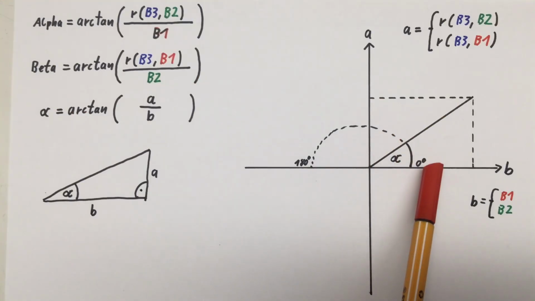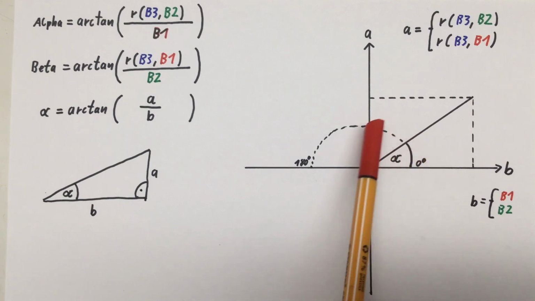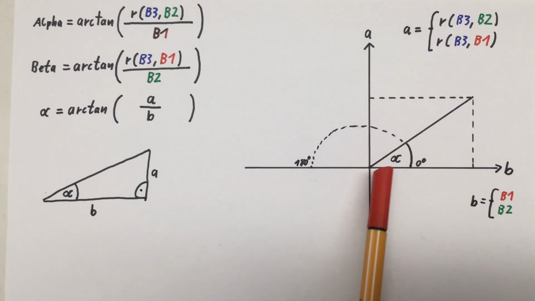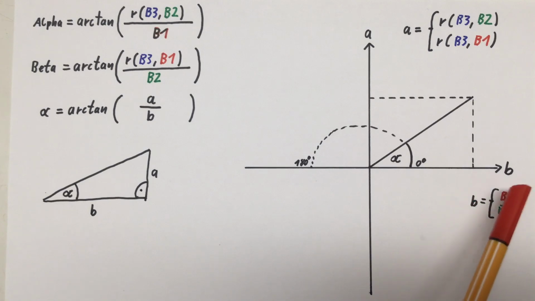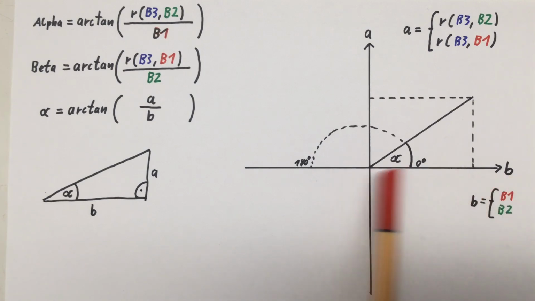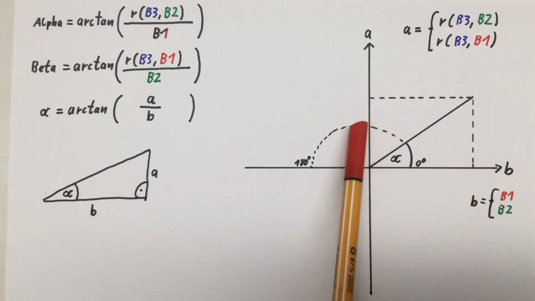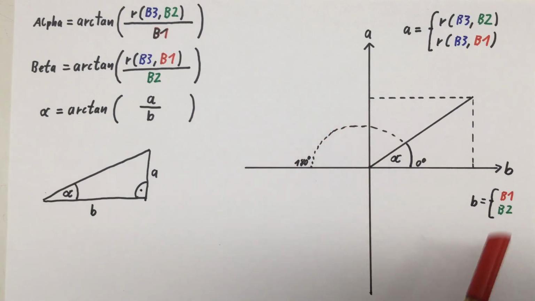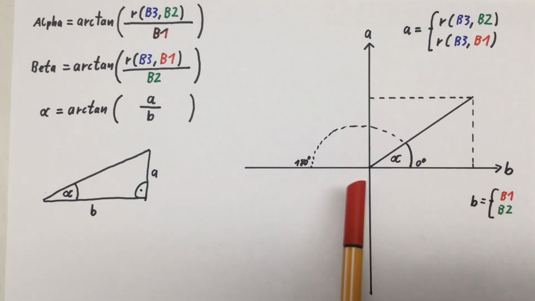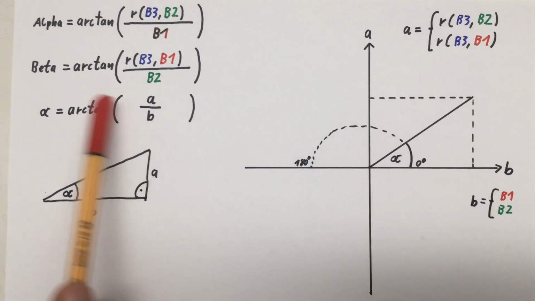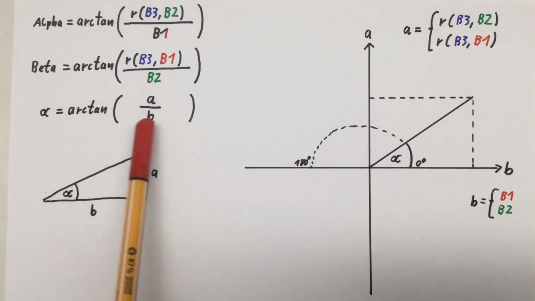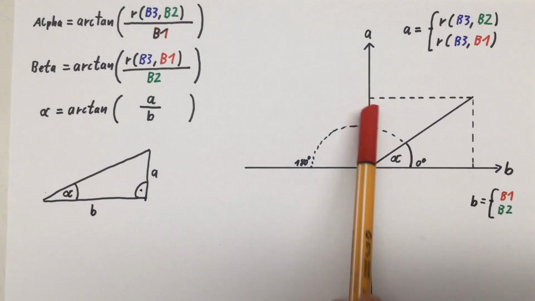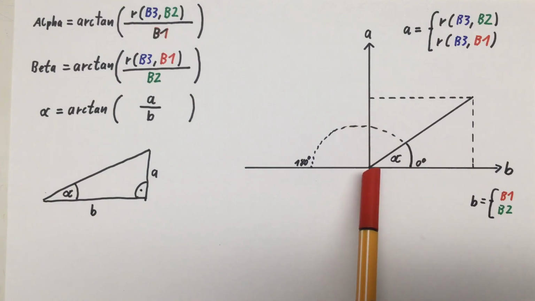So angles between 0 degrees and smaller than 90 degrees would be given if B, that is B1 and B2, are positive, and angles greater than 90 degrees up to 180 degrees would be given if B, that is B1 or B2, are negative. If B1 or B2 are 0, which you cannot calculate with an arcus tangens because you would divide by 0, we are at exactly 90 degrees.